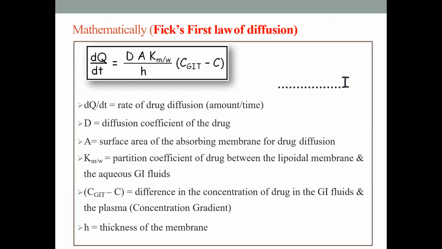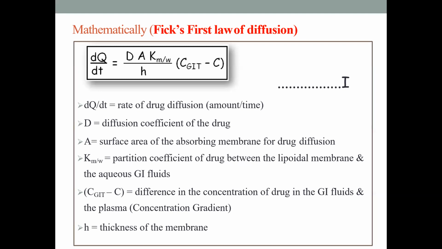The second term is capital D, the diffusion coefficient of the drug through the membrane, expressed in area per time.